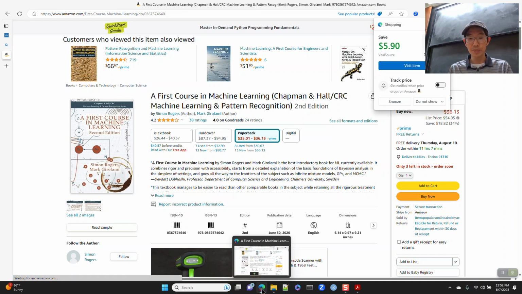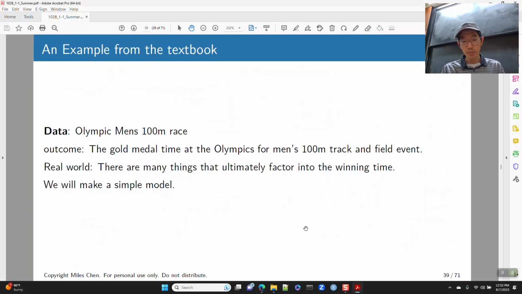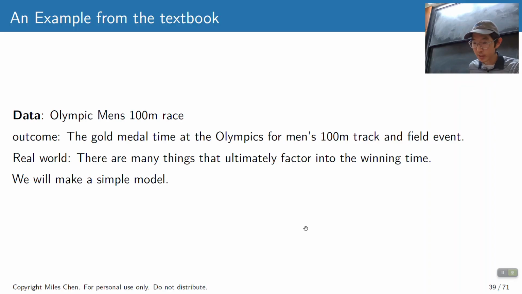This is the textbook, and I'm taking this example from it. We're going to look at Olympic races, basically the men's 100-meter foot race, and the gold medal time at the Olympics men's 100-meter track and field event.